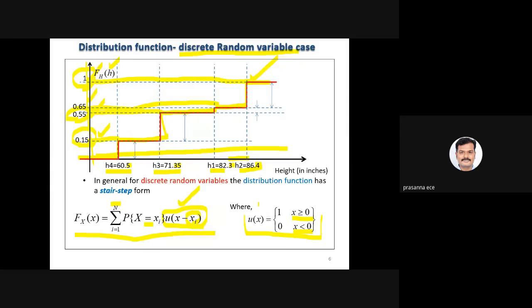Now we'll take a brief diversion from this slide. I'll teach you a little bit more detail about this unit step function u of x. I'm just coming out of this PPT.